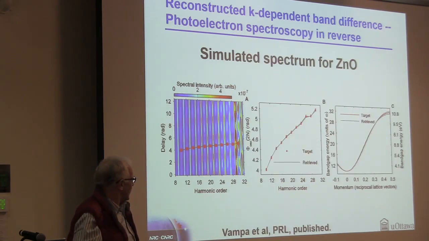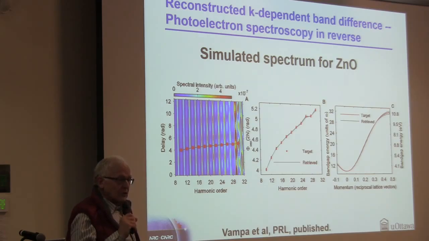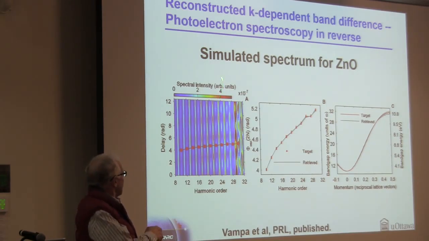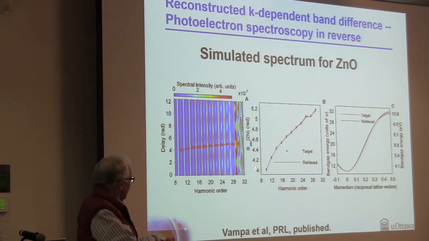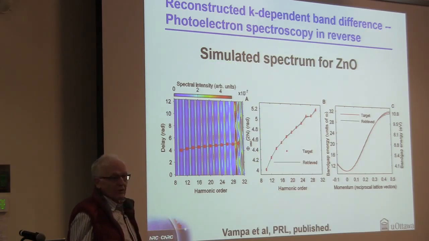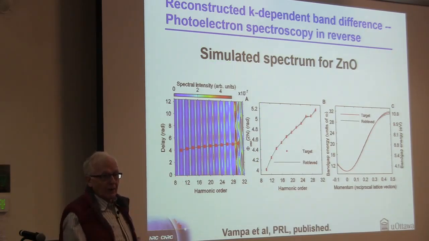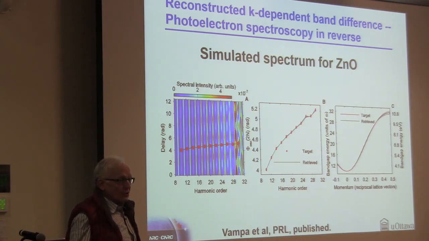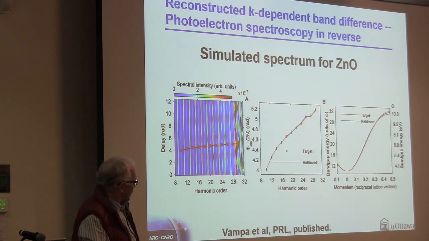So what we did differently was we said, okay, we have the two-band model. Let's just solve it numerically. Let's make up the experimental data theoretically. There it is. Let's throw away all information on the band, but just take this as experimental data and reconstruct the band from just that information, no information except the made-up experimental data.